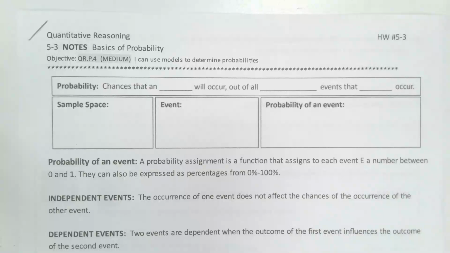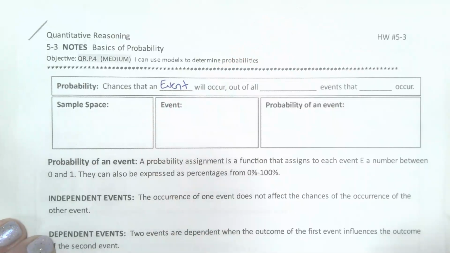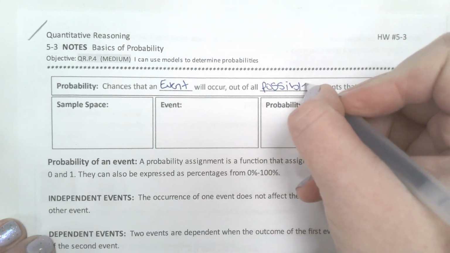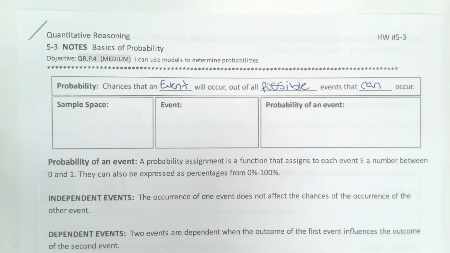So the probability is the chance that an event will occur out of all possible events that can occur. So maybe yesterday we were talking about how many different outcomes there are when you flip a coin.